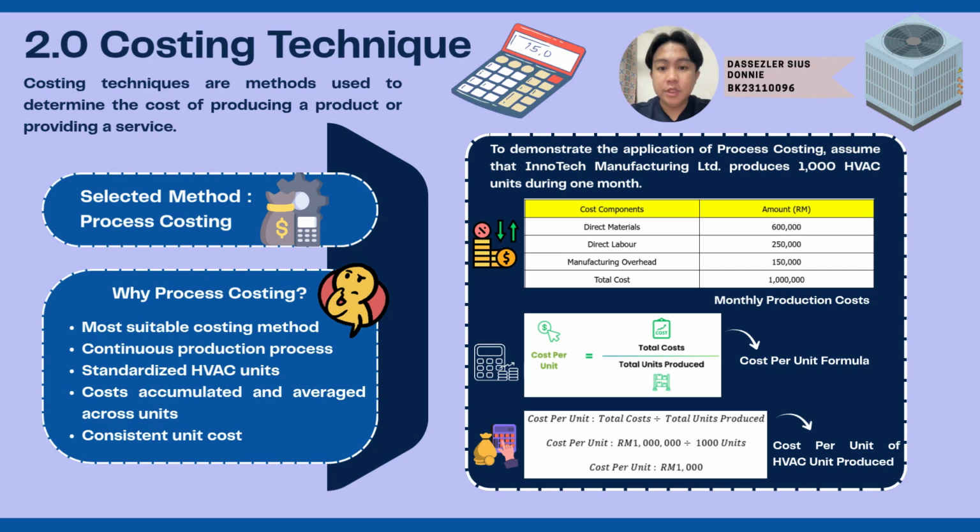In conclusion, process costing is an appropriate costing method for Inotech Manufacturing Limited because it reflects the company's continuous production and provides a consistent and reliable cost per HVAC unit.